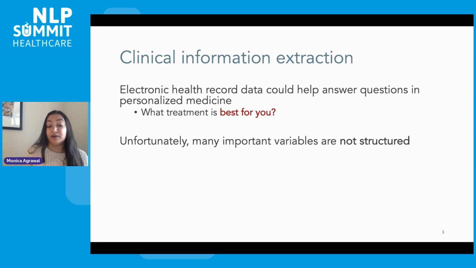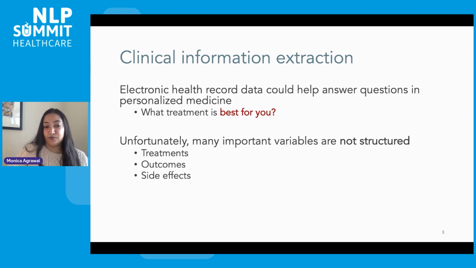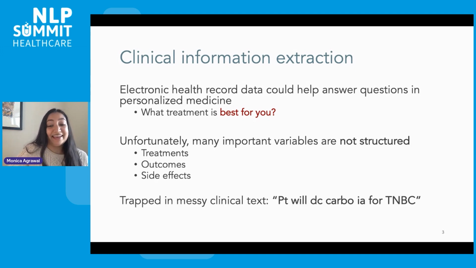Unfortunately, many of the important variables we need to answer questions like that are not found in structured data. These are variables like treatments the patient has taken, outcomes of taking those treatments, and side effects of those treatments. Instead, they're trapped in messy clinical text like "PT will DC carbo IA for TNBC."